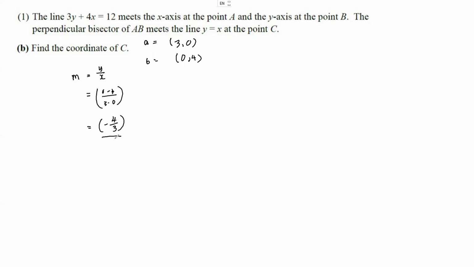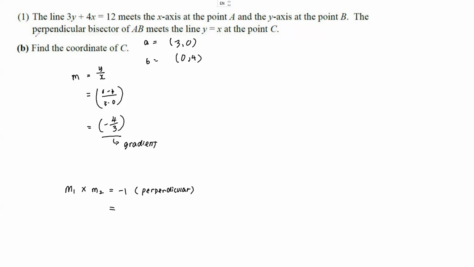And we get negative 4 over 3. This is the gradient, but we can use the formula: the first gradient times the second gradient equals negative 1. This formula only applies if the lines are perpendicular.